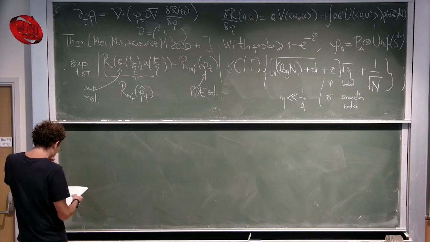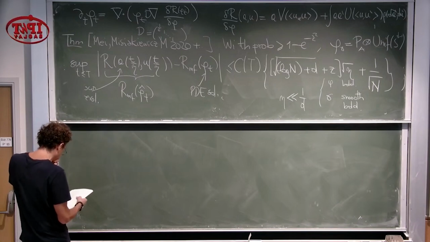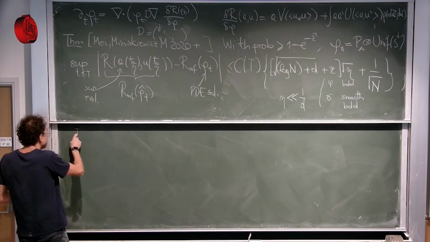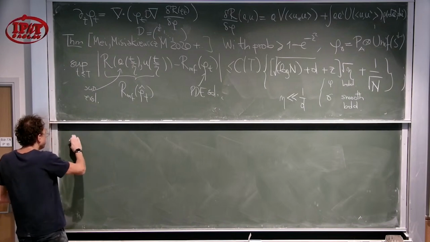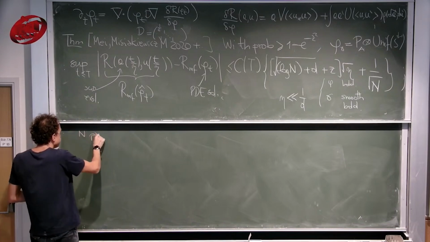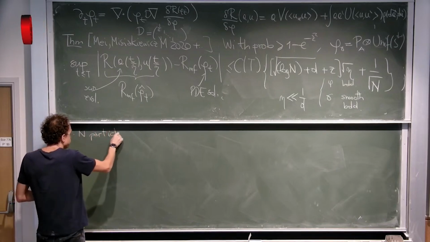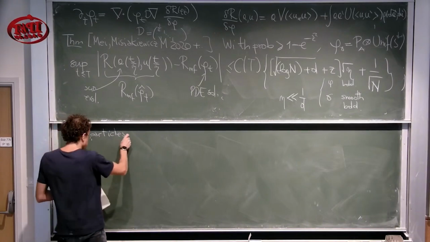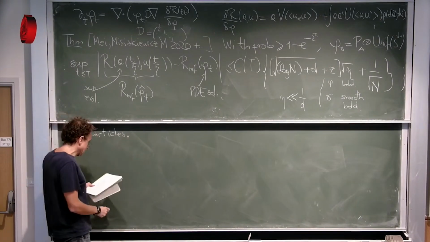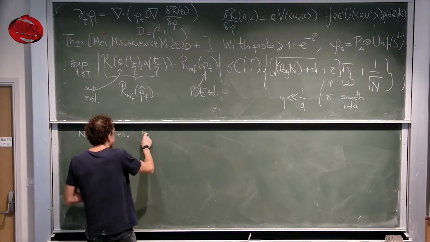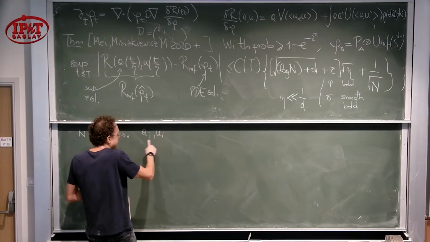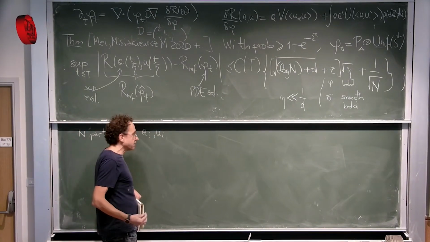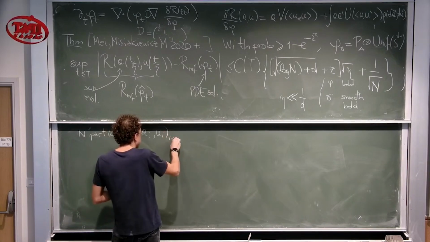So I claim that the PDE is equivalent to the following one. Think about what we were doing before. We have n particles or n neurons. So basically what you have is a_i, u_i, where you have an index i between 1 and n.